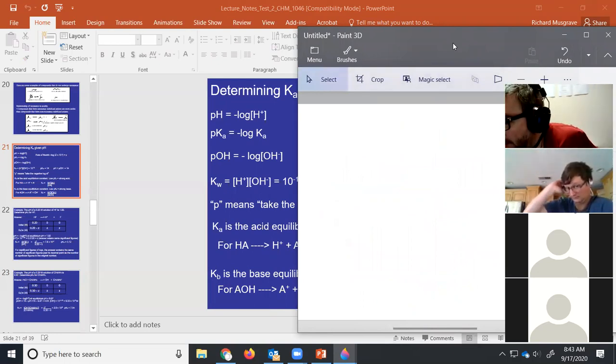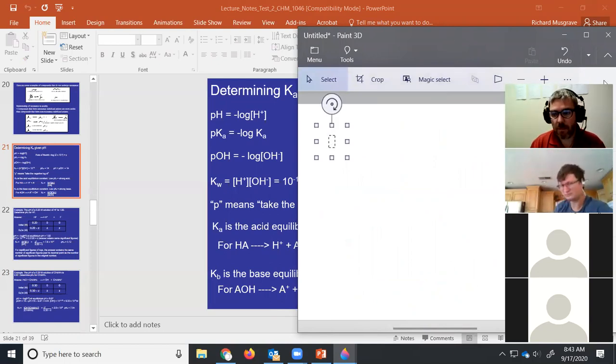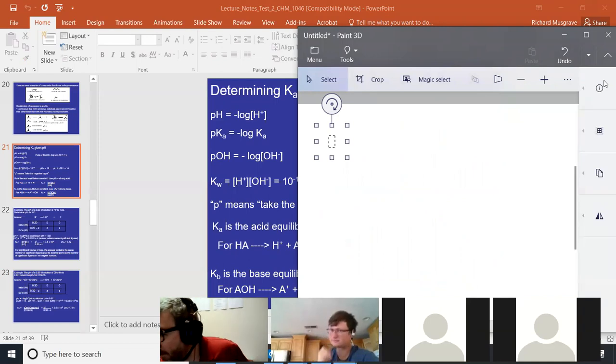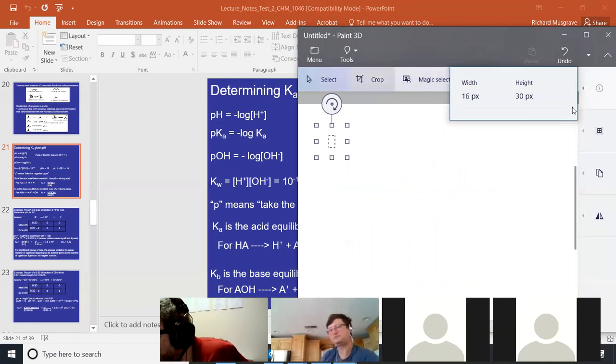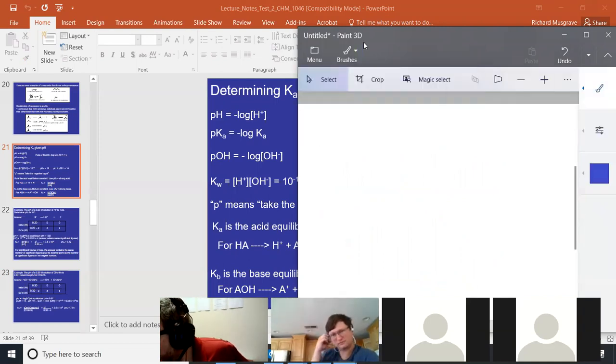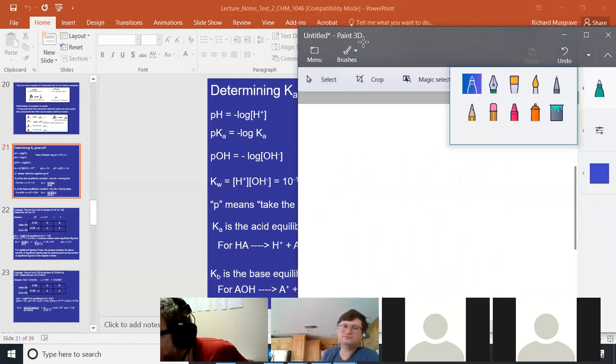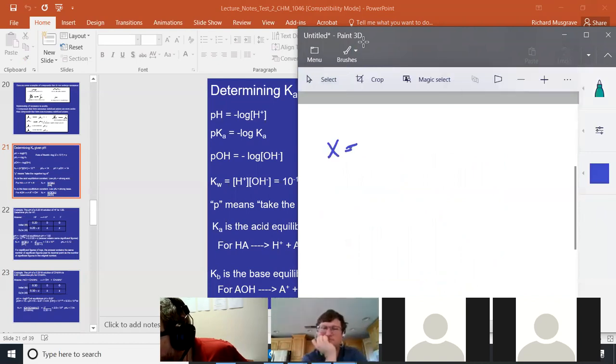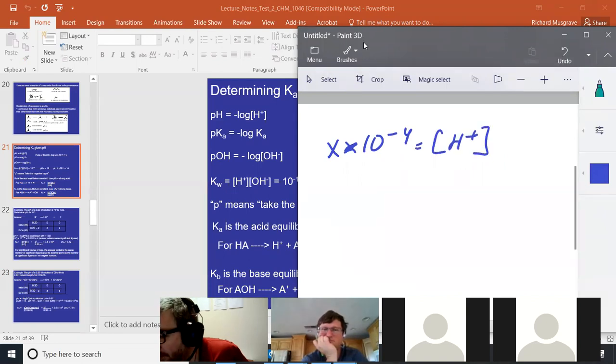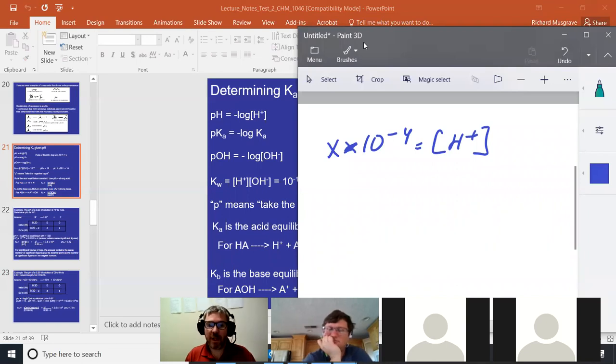it's usually something like this. The concentration of H plus is generally X times 10 to the negative Y, something that's fairly small.